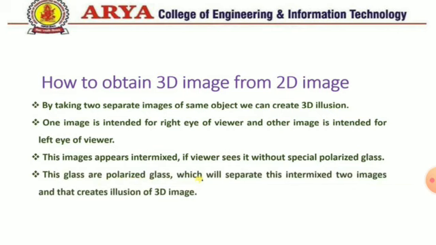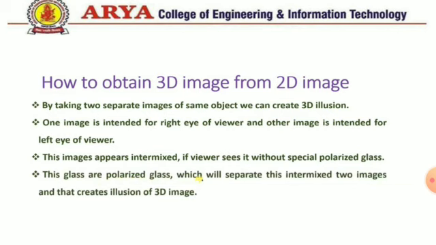If we display both images simultaneously, the viewer will think two images are at different distances, like one image that is nearer and a second image that is a little far. So this image appears intermixed if the viewer sees without special polarized glasses. If you don't use glasses, in that case the image will appear intermixed.